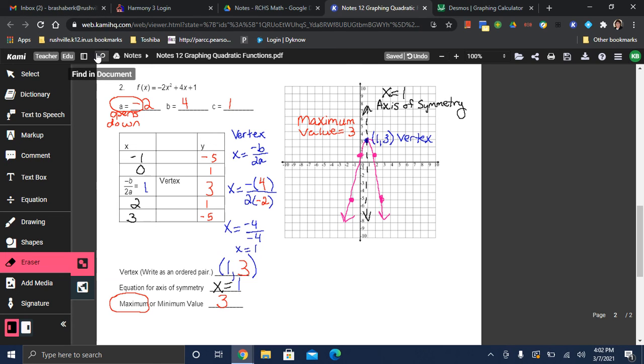You can use Desmos. If you don't have access to Desmos, then you can always substitute these numbers in for the x values. But I do know that for accuracy, it will be easier if you will use your calculator to do that. So you're going to be ready for homework 12. It is a worksheet. Be sure that you check your answers and ask for help as needed.